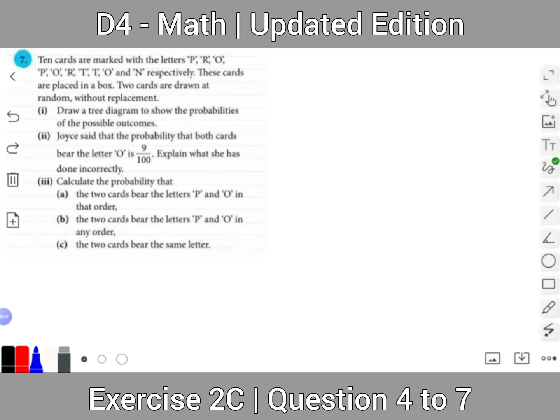So in part 1, we have P, R, O, T, I, N, 6 distinct letters.